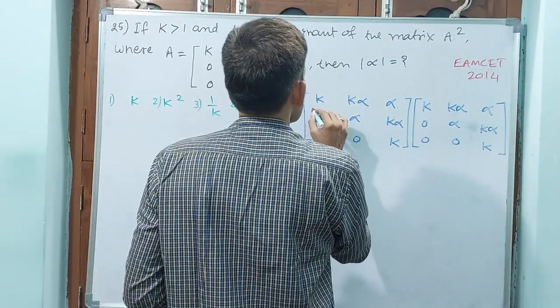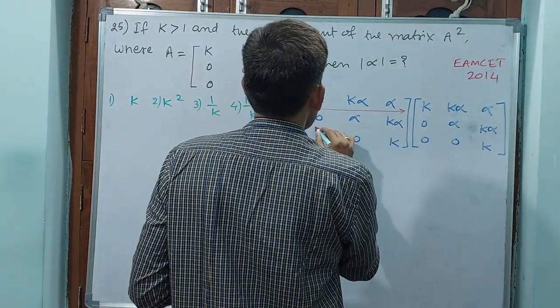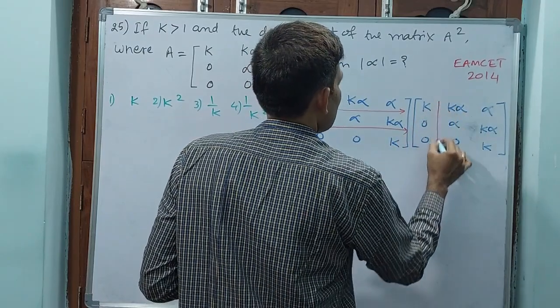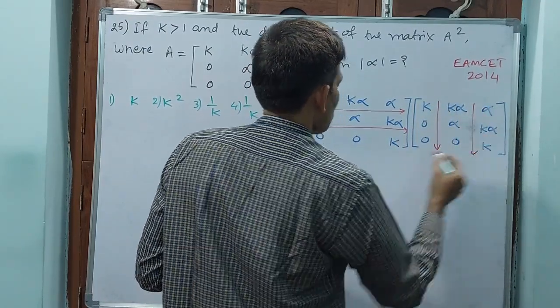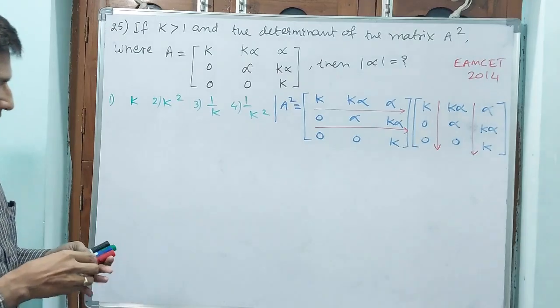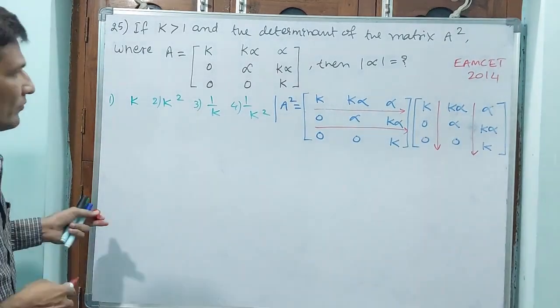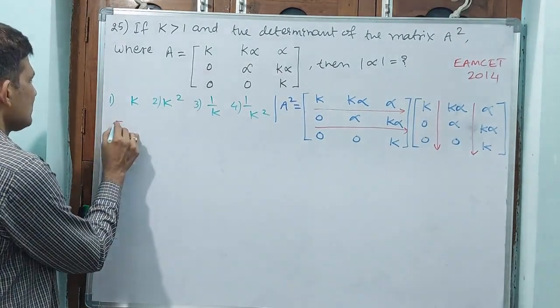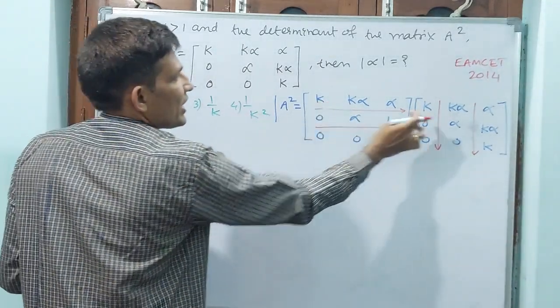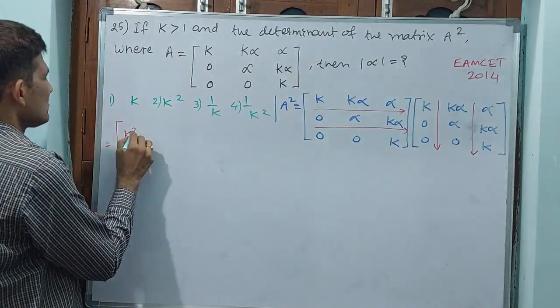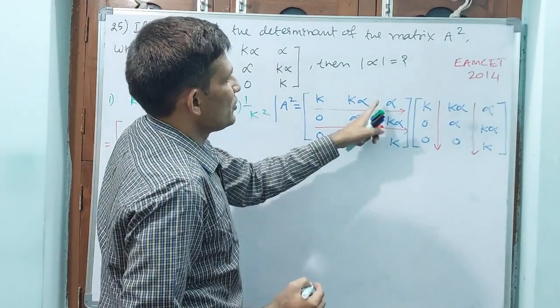Do it a little carefully: make horizontal lines, vertical lines, and arrows, then proceed. For the first row: K into K, which is K square, plus 0.